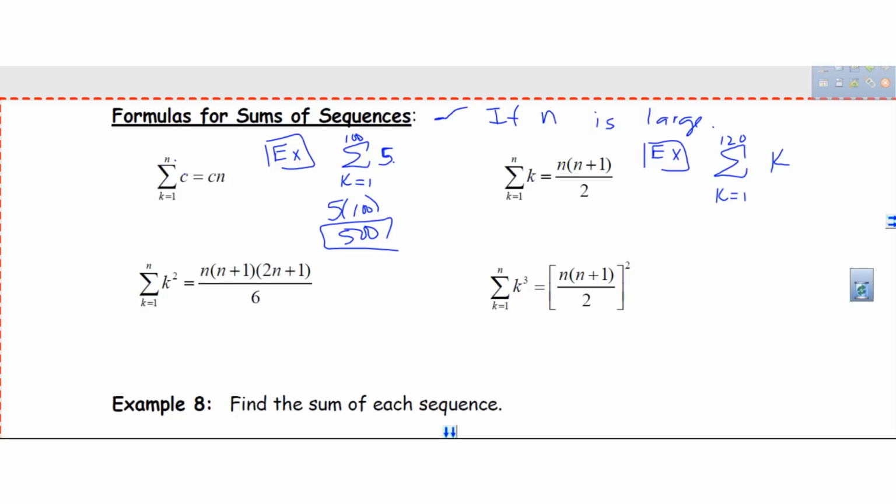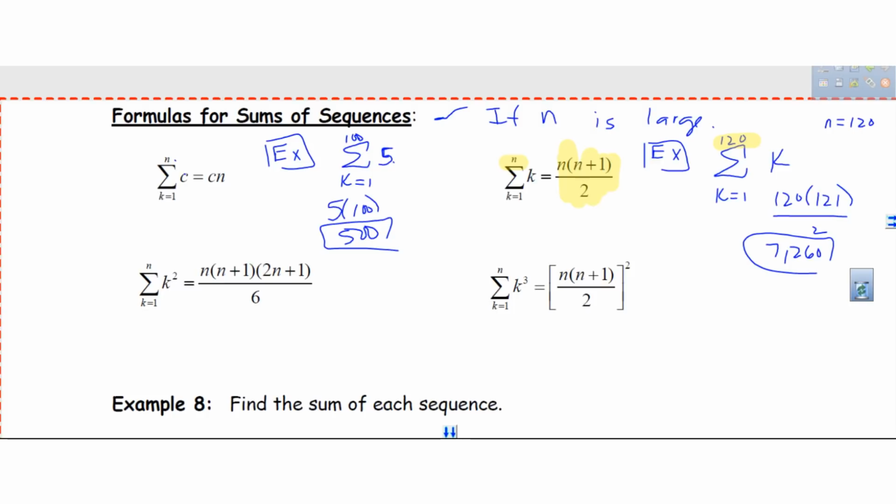So the formula is, take your value of n, and for this problem your n is 120, because look, your n is at the top. Now all you do is plug it into that formula, guys. So it's going to be 120 times 120 plus 1, divided by 2. When you put that in your calculator, you get 7,260. So the formula is just a shortcut when the value of n is really big.